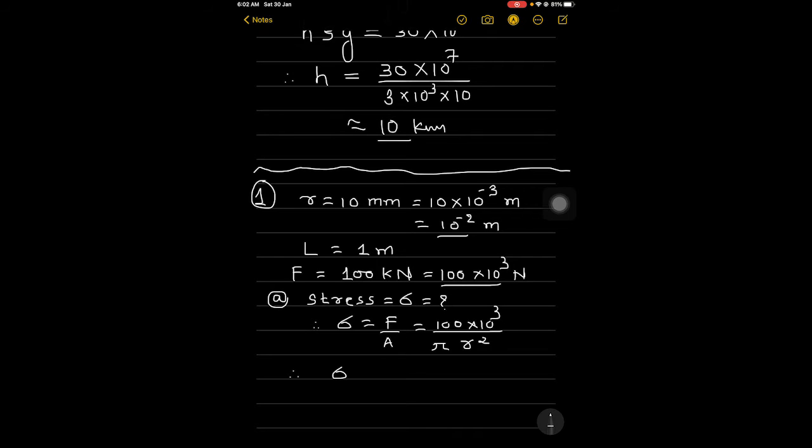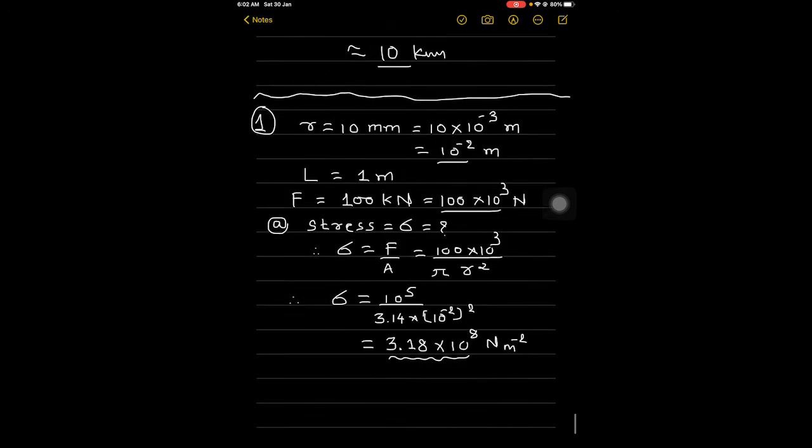So sigma is equals to 10 raised to 5 over 3.14 into 10 raised to minus 2 whole square. So this comes out to be about 3.18 into 10 to the power 8 Newton per meter square. So that is the stress that we have determined.